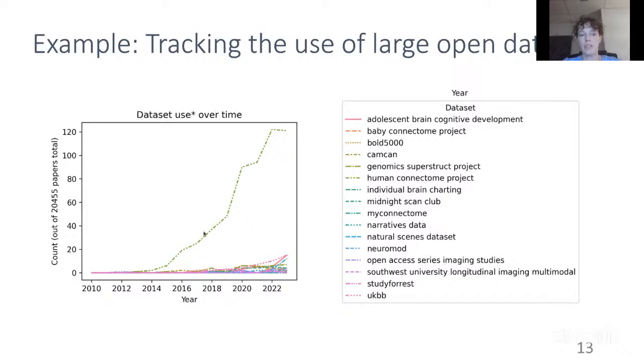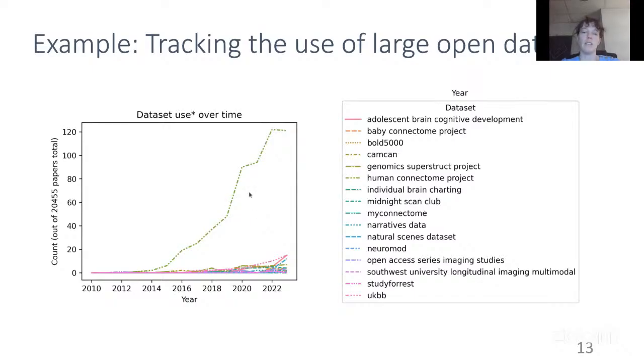And we can see that there's a stark outlier here. The Human Connectome Project is being used a lot more than other data sets. And this raises the question of when do we stop using a data set? Like when have we discovered all we can from the data set? On the other hand, the Human Connectome Project isn't simply one data set, and so we might be getting multiple data sets in this one.